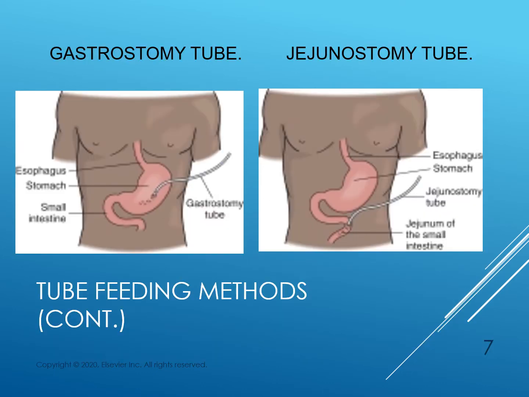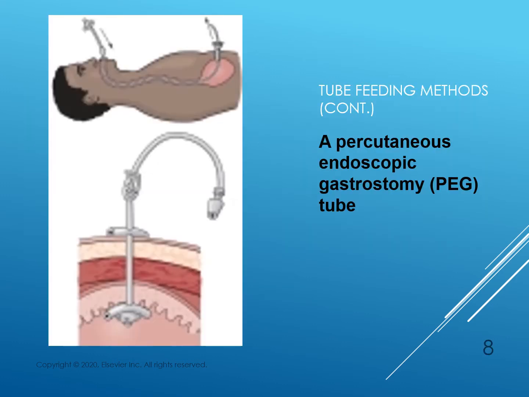The gastrostomy tube is placed in the stomach, and you see the gastrostomy tube, and then the jejunostomy tube is in the jejunum of the small intestine. Two feeding methods: a percutaneous endoscopic gastrostomy PEG tube, and you can see how that's placed in.